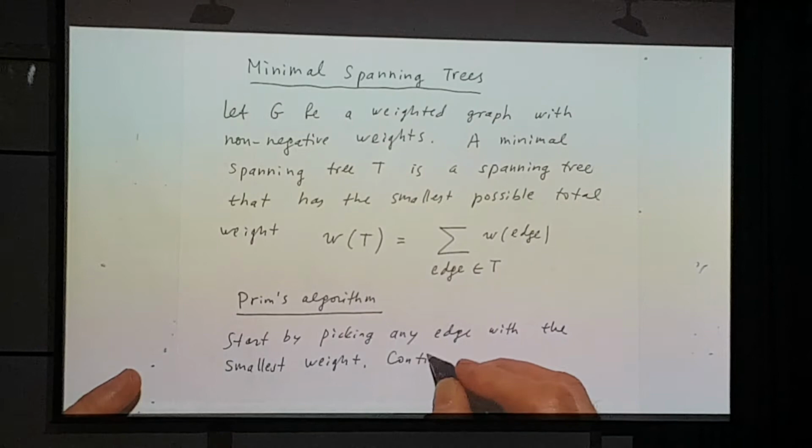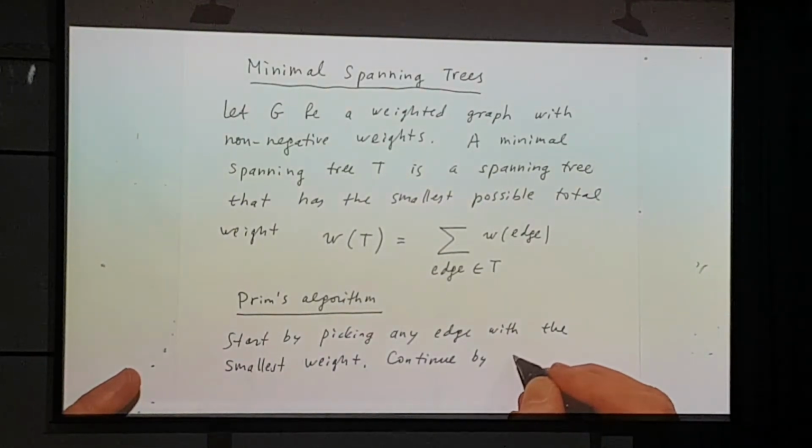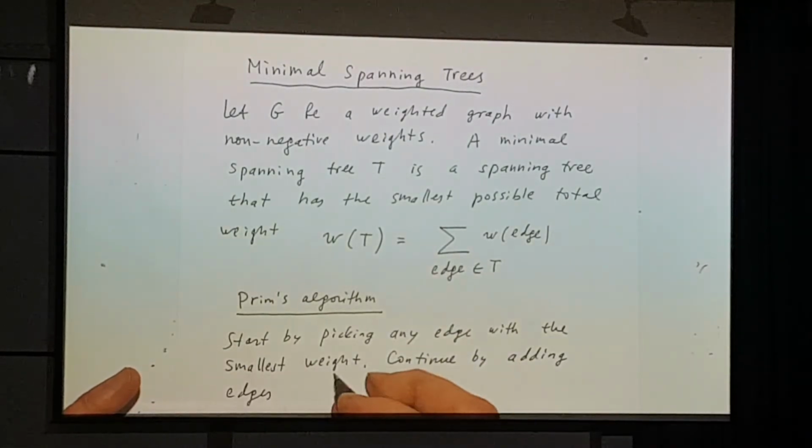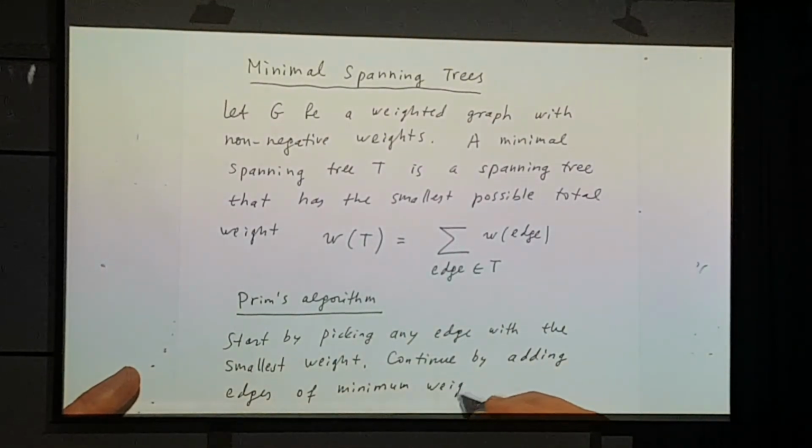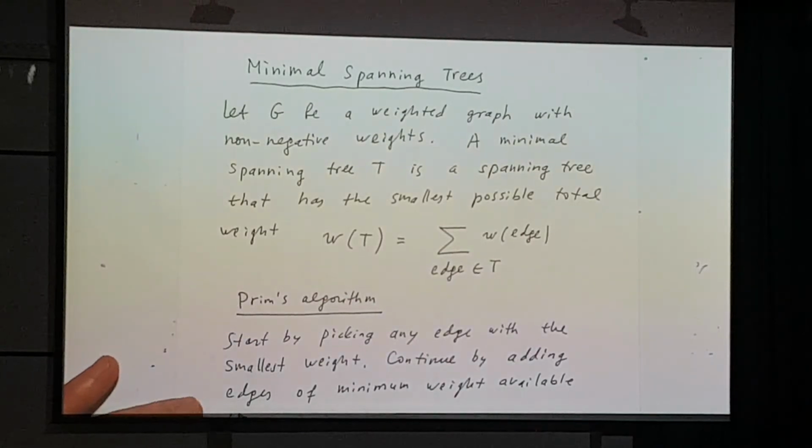Continue by adding edges of minimum weight available that are linked to a vertex already in our tree.